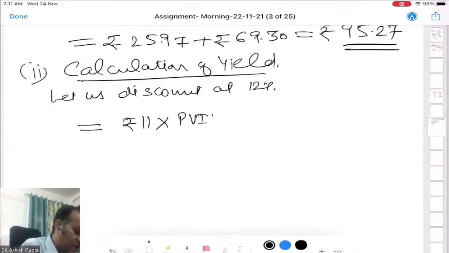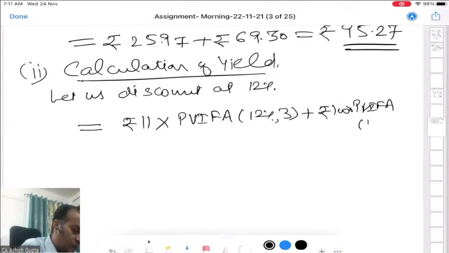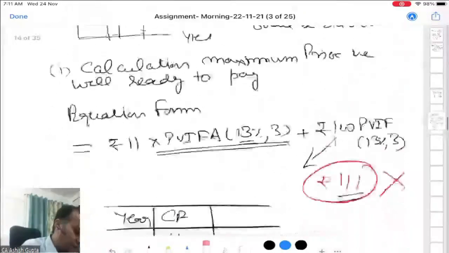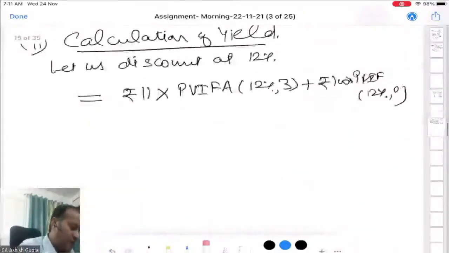Present value investment factor. This is not NPV, this is my mistake; it is present value. This is the present value investment factor.